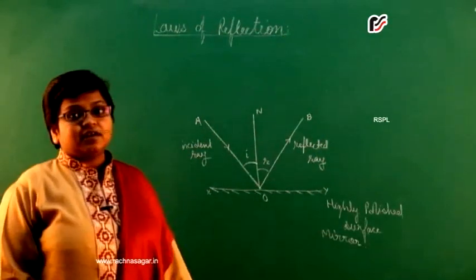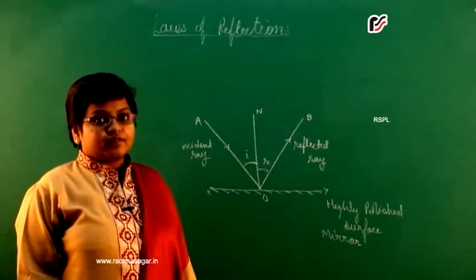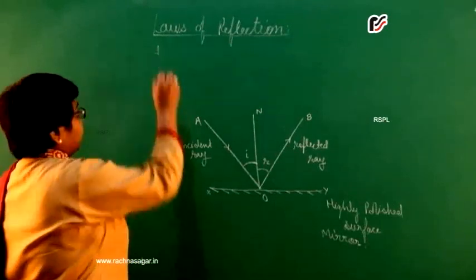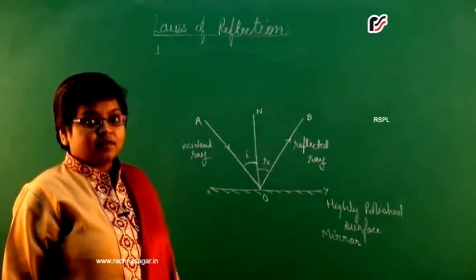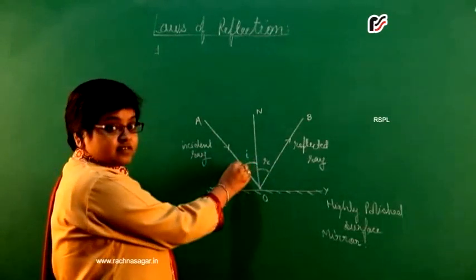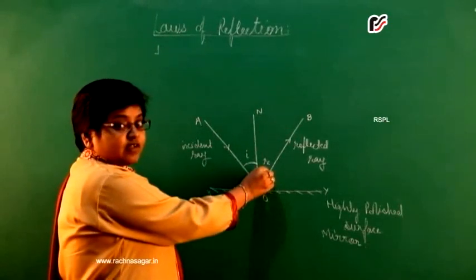Now we discuss the laws of reflection. There are two laws of reflection. One is that the angle of incidence and the angle of reflection are always equal.